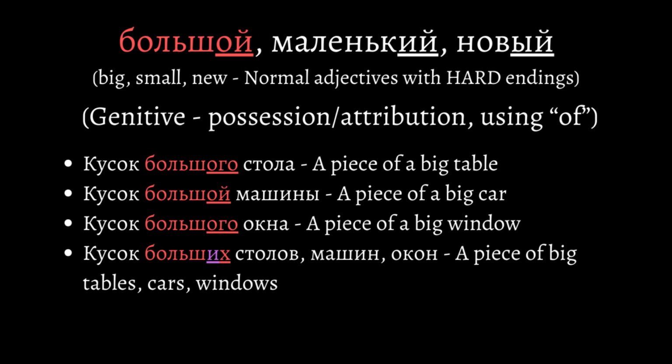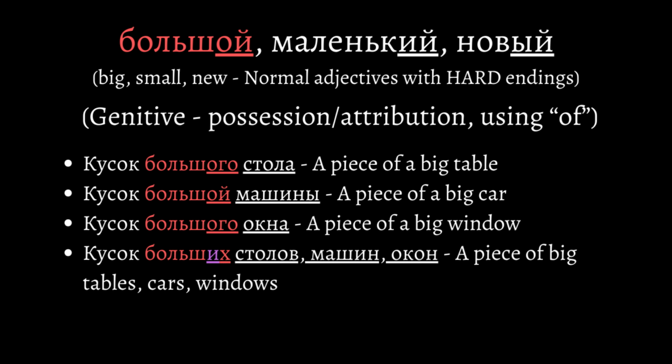Here, we have the adjective большой in the genitive, and this is the sentence that I will use. Кусок большого стола, кусок большой машины, кусок большого окна, and кусок больших столов, машин, окон. The endings match in the adjectives and nouns because all of these statements are in the genitive.